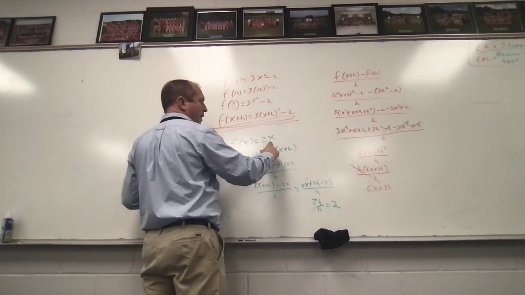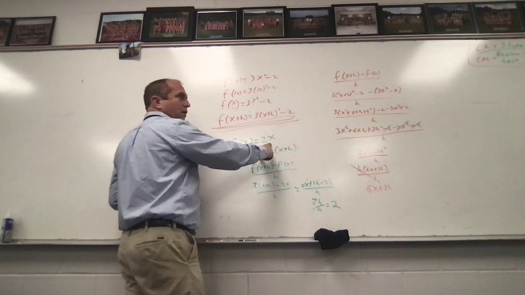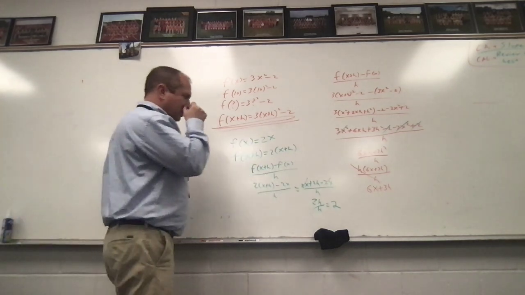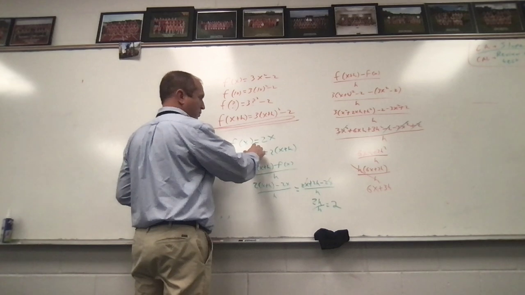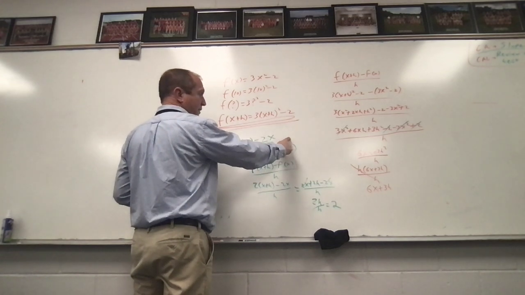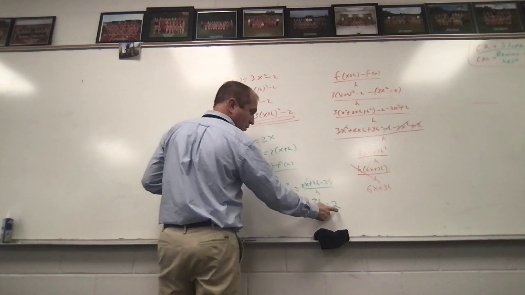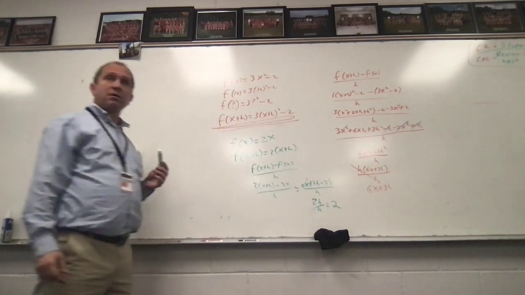If I gave you that line, or this equation, and you were in Algebra 1, what would you tell me that the slope is? Well, it's y equals mx plus b. B is 0, so what's your slope? 2. So that's what we ended up getting as the answer there, 2.